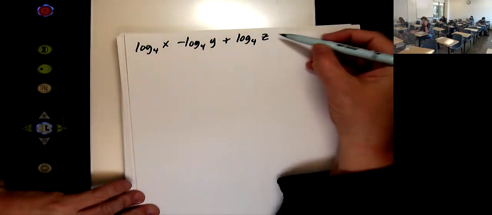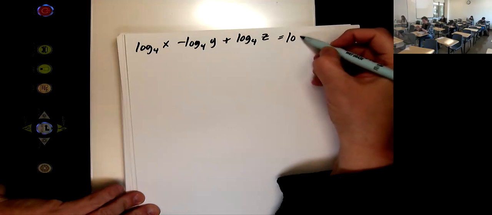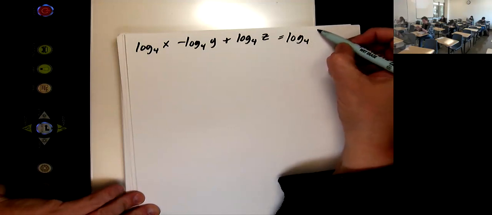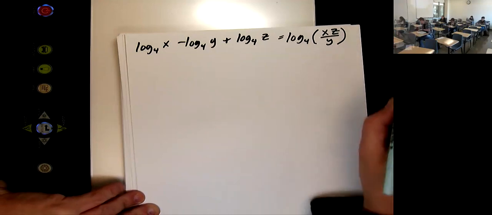What can I rewrite this as? Log base 4 of x times z over y. Yeah.